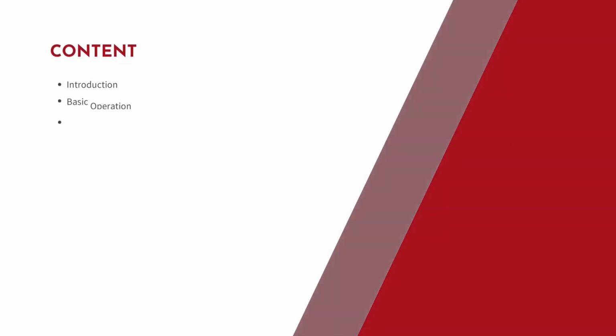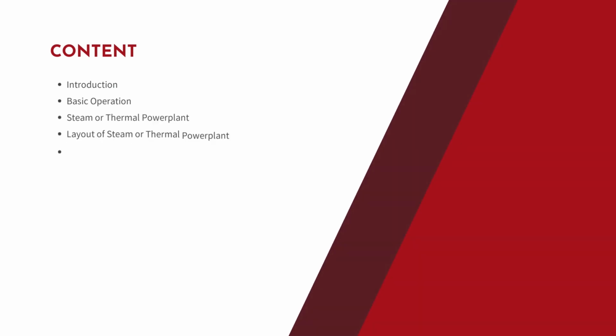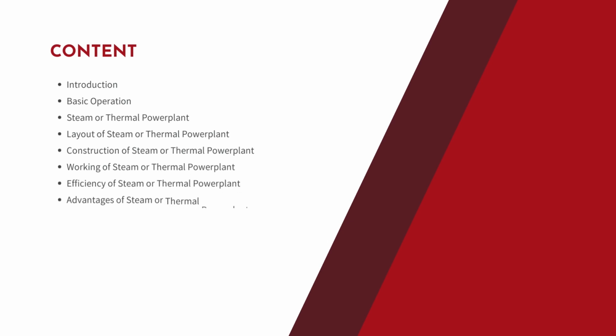Initially, we will go for an introduction, then we will enter into the basic operation, then we will discuss the steam or thermal power plant, then we will see the layout of the steam or thermal power plant, then the construction, then the working of the steam power plant, then the efficiency calculation of the steam power plant, then the various advantages of the steam power plant, and then the various disadvantages.